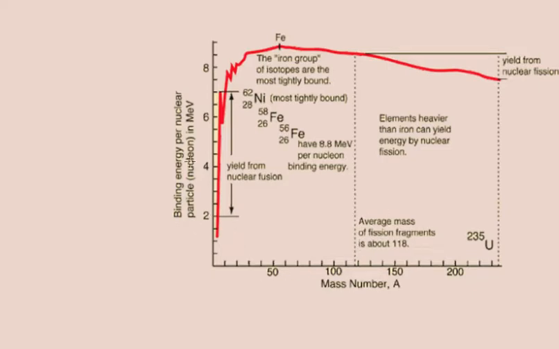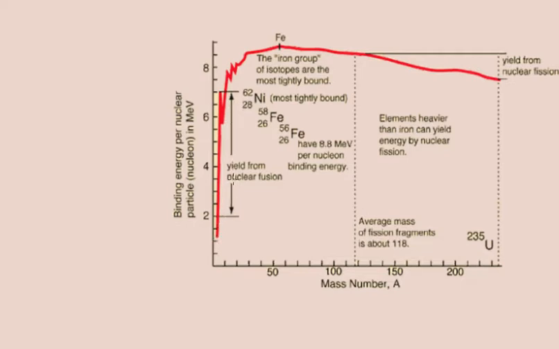It shows the binding energy per nuclear particle, per nucleon, in mega electron volts against the mass number A, the number of nucleons in a nucleus. Hydrogen down here only has one nucleon, so the binding energy for the one nucleon is down here, and then it shoots up.